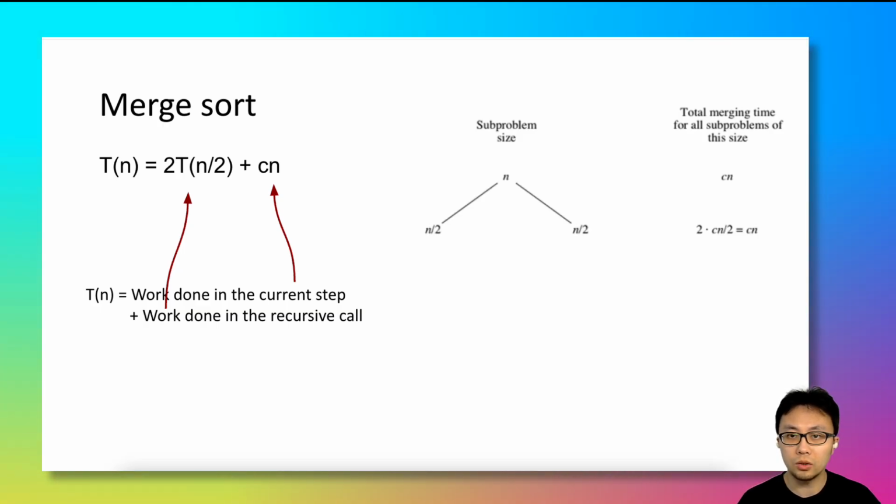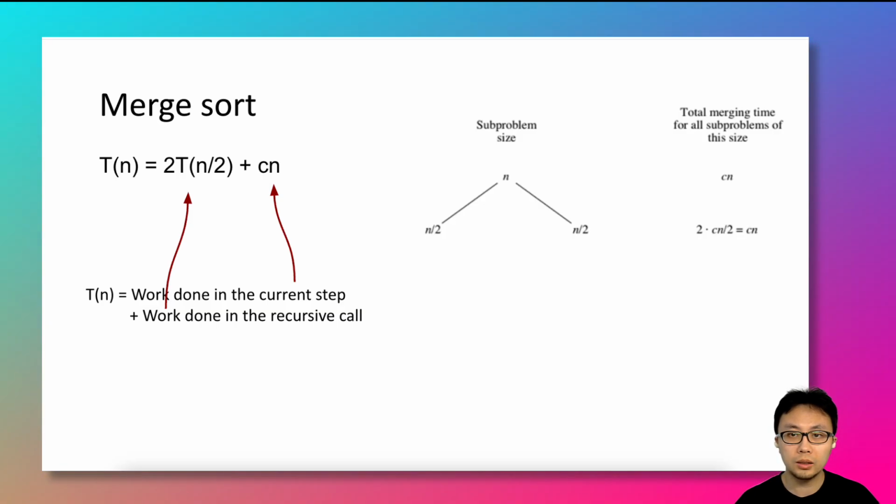Merging for both the left half and the right half is c multiplied by n divided by 2. Since there are two of them, the total time will be the sum of the two, which is also c multiplied by n. In the next step, step 3, it will trigger merge sort on further half the input sizes.